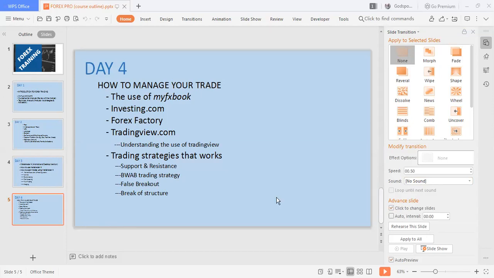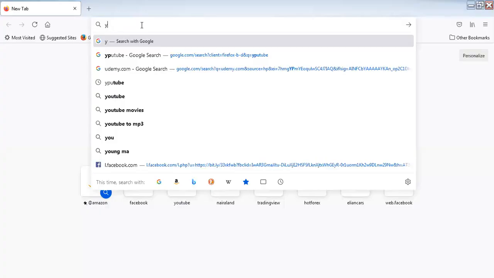Myfxbook is simply a site used in managing your trades. Let me go to Google, please.